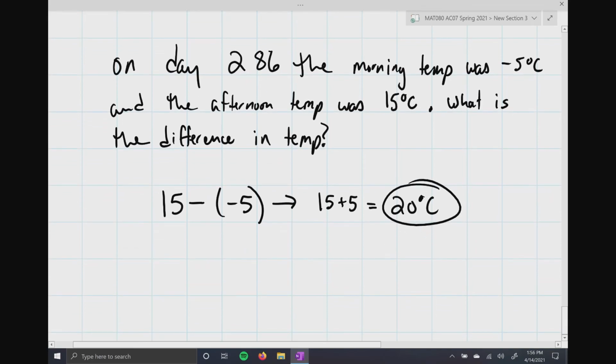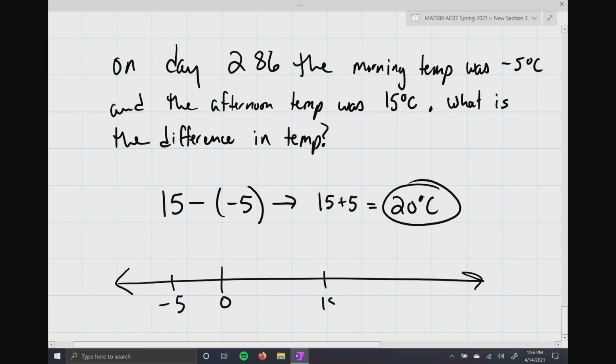And hopefully that makes sense, because if you were to look at a number line, you know the distance from negative 5 to 0 is 5 units, and the distance from 0 to 15 is 15 units. So the total distance is 20 units. In this case, the units are degrees Celsius.